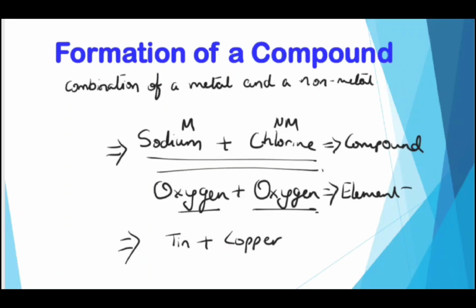When a metal and a metal combine with each other, they are known as alloys. When tin and copper combine, the alloy is called bronze. So, a compound is the combination of a metal and a non-metal.